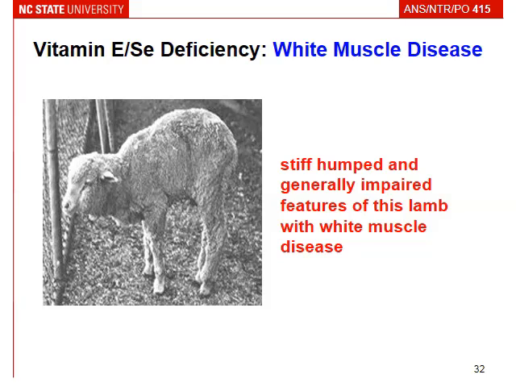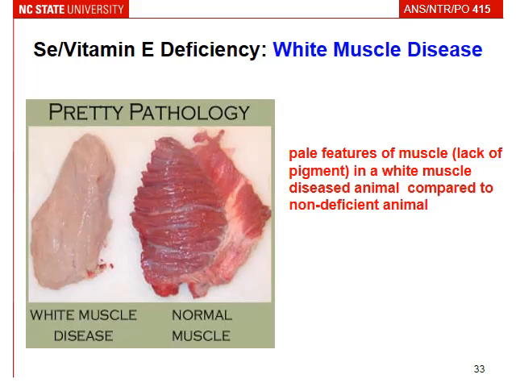You can tell that this animal is having a difficult time walking, and it's also not growing like its counterparts. That's a good indication that this is vitamin E and selenium deficiency. So this is what white muscle disease looks like. You can see on the left-hand side the lamb that has white muscle disease.